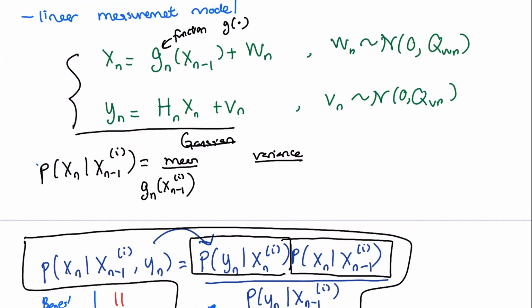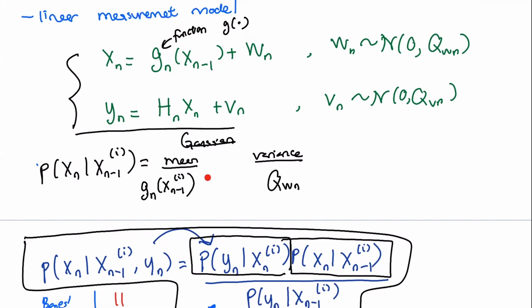Is that it? Yeah. Okay, good. And then what's the variance? QWN. Right, right. So exactly the same as before, other than this function is not specified. So the mean is this value plus the mean of the noise.